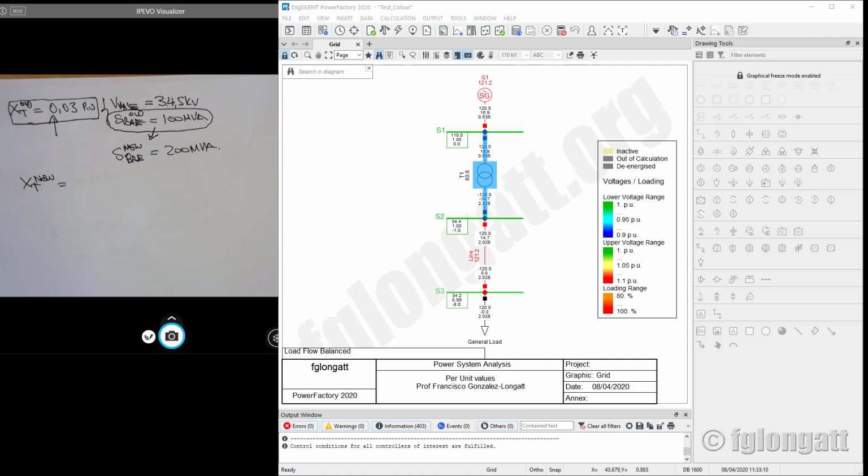And all the students must remember this equation from your per unit calculations.